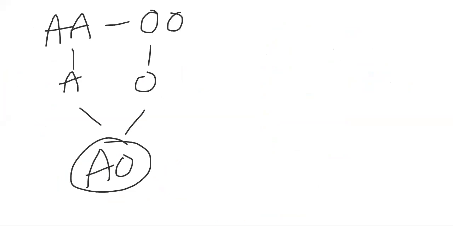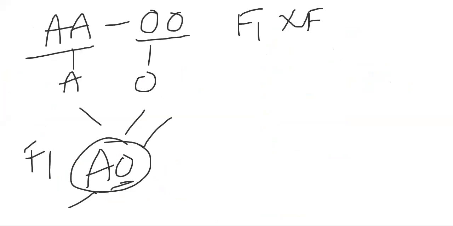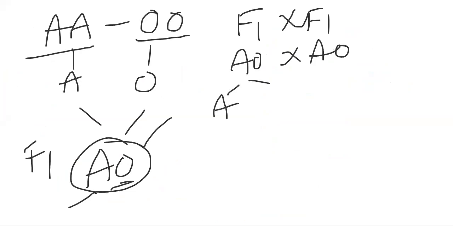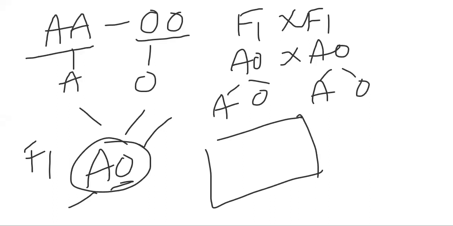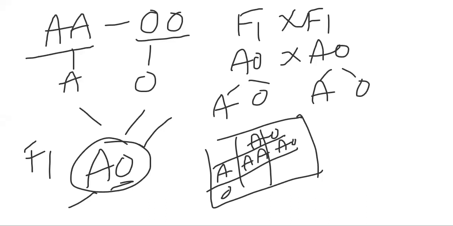When A blood group persons are crossed with O blood group, in the F1 generation we get A blood group. That means no expression of O, only the A gene is expressed. So A blood group will come. When we cross F1 with F1, AO crossed with AO, that means heterozygous A crossed with heterozygous A, then in the F2 generation we get AA, AO, AO, OO.